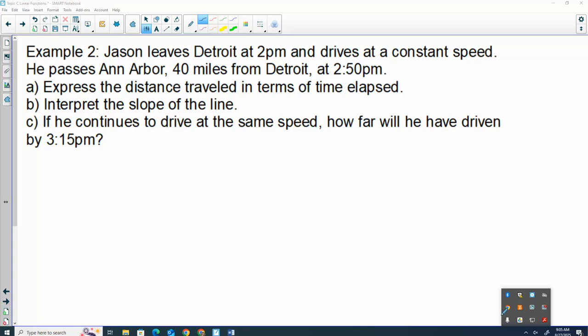Okay, so it tells us Jason leaves Detroit at 2 p.m. and drives at a constant speed. He passes Ann Arbor, 40 miles from Detroit, at 2:50 p.m. Express distance traveled in terms of time elapsed. Okay, so which one is my y and which one's my x?